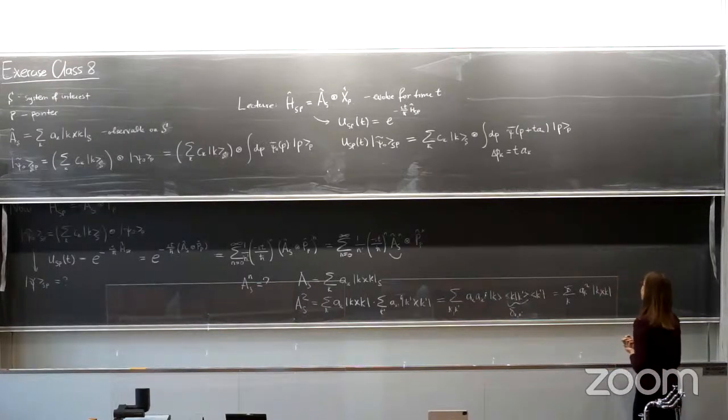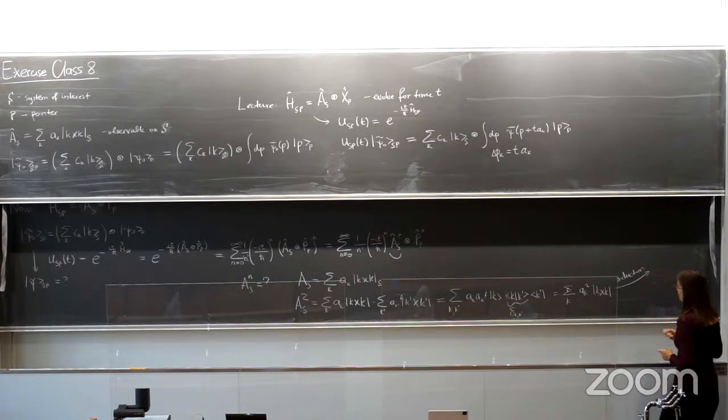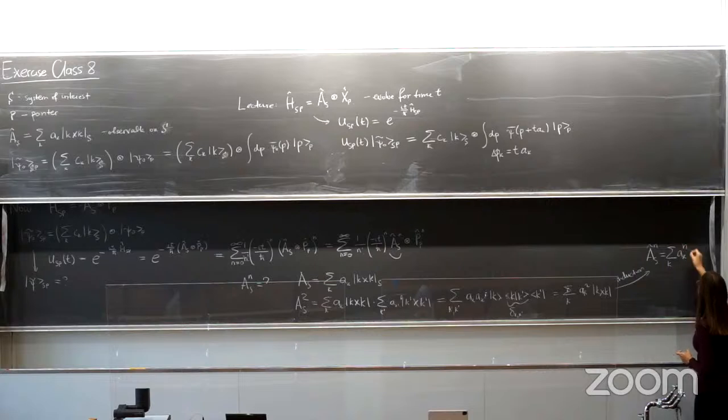And then by induction, we can see that A_S to the power n would be the sum over k of a_k to the power n |k><k| on the system S.